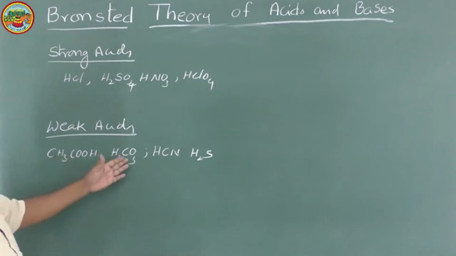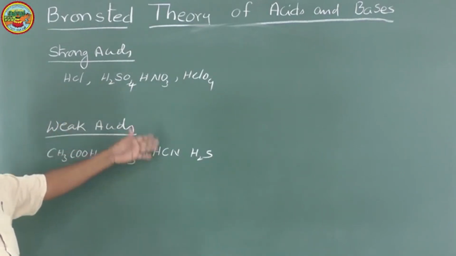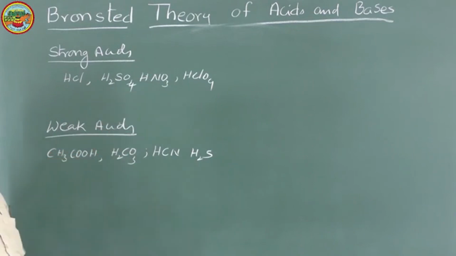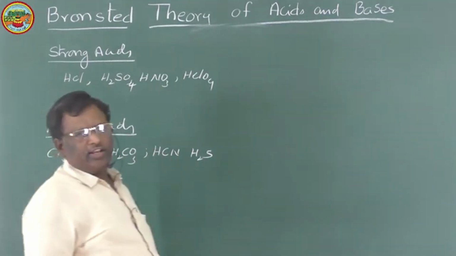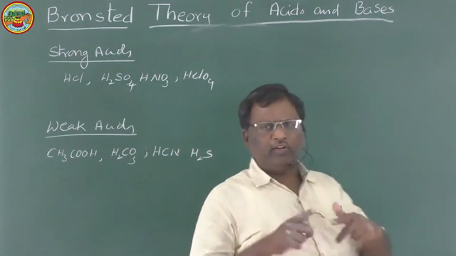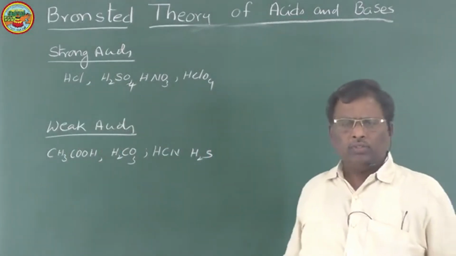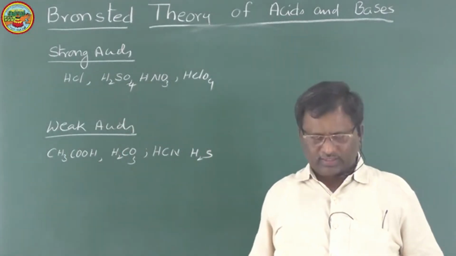Here the hydrogen number is the same. Then how can we differentiate? With ionic equilibrium or equilibrium constant values, we can get their strengths.